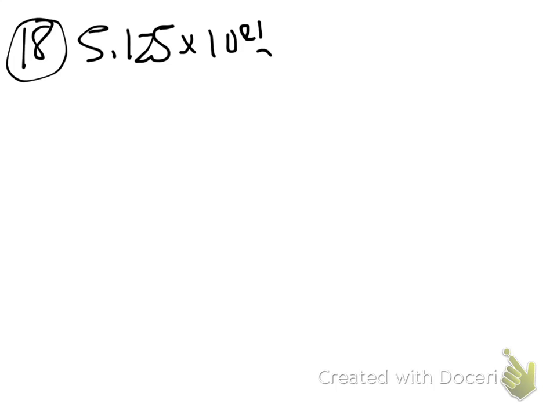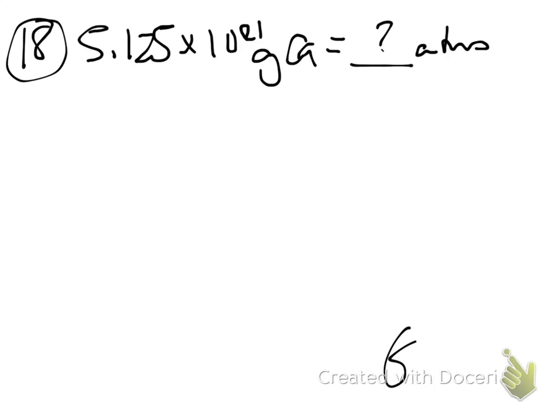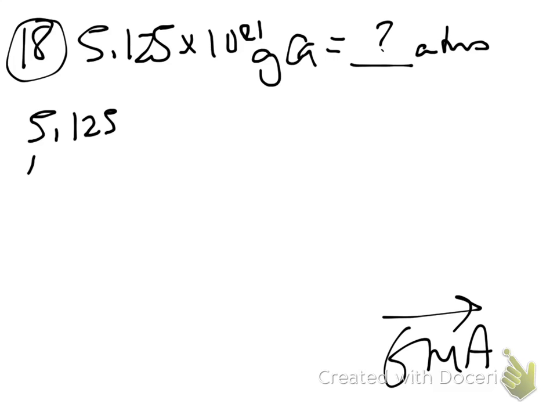Okay, let's do number 18. How many atoms are present in 5.125 times 10 to the 21st grams of calcium? So, grams to atoms, we've got to go through moles. 5.125 times 10 to the 21st grams of calcium.